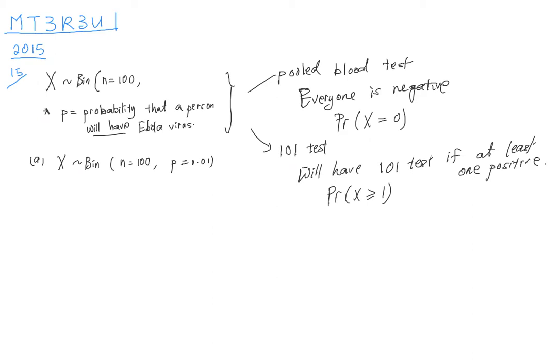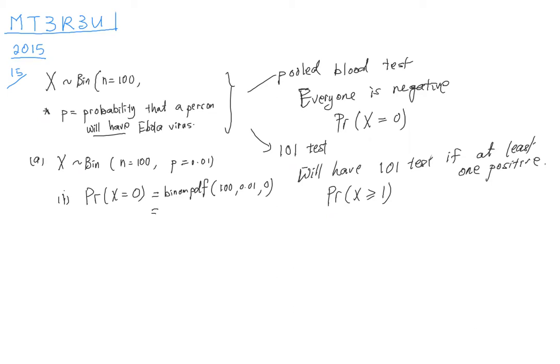That's why for part A, part 1, the probability will be X equal to 0. I put X equal to 100 because I'm using all 100 negative. I put the probability at 0.99. So for this one, you can use your binom PDF. You put 100, 0.01, and here put 0. You get the same answer as mine.